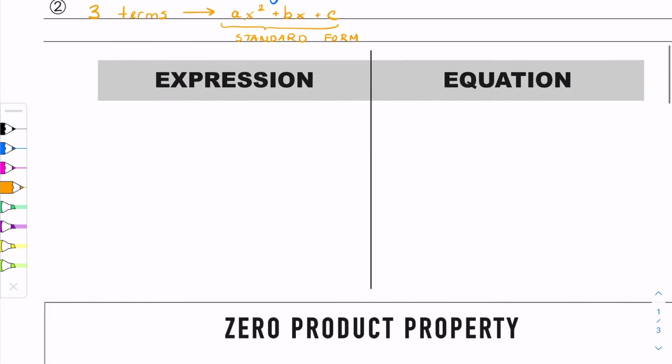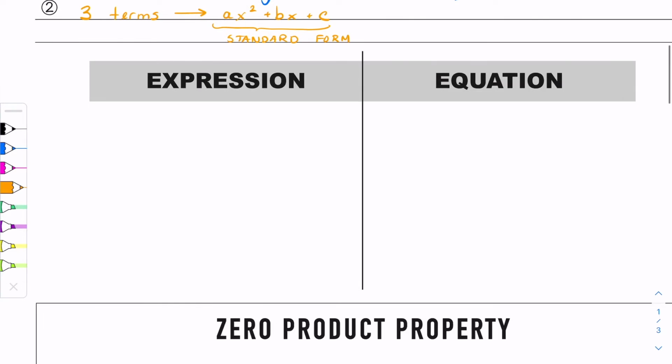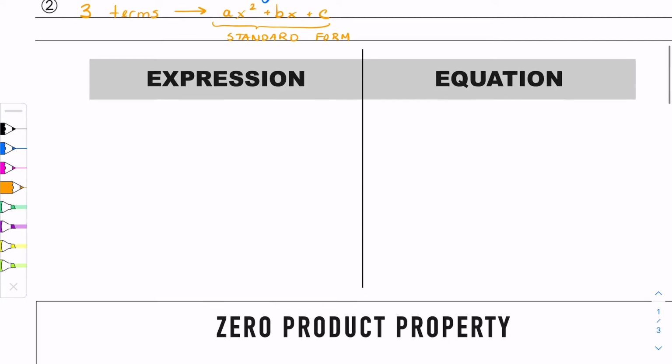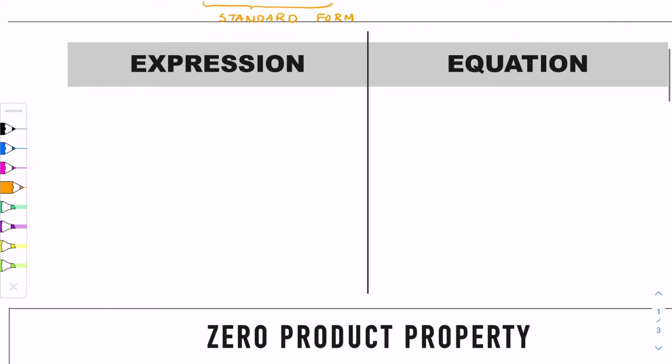So a few notes here. We need to know the difference between an expression and an equation. If you watched the 3 previous videos on factoring review, those are all expressions. This entire note sheet is going to be equations. Just to quickly sum this up, an expression is a phrase, while an equation would be a sentence.